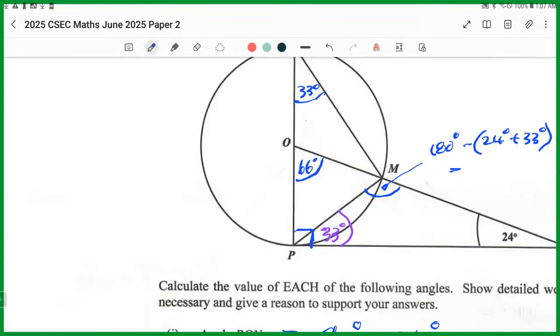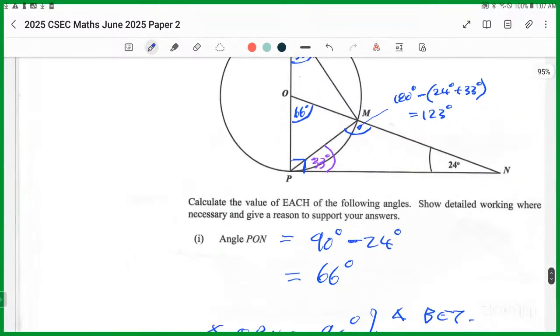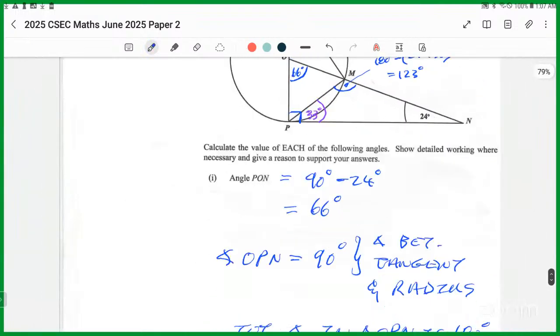It works out to be 180 minus 57, which is 123 degrees. I'm sure there are multiple other ways to do it, but good enough for now. I can leave that on the diagram and just put the answer down here.